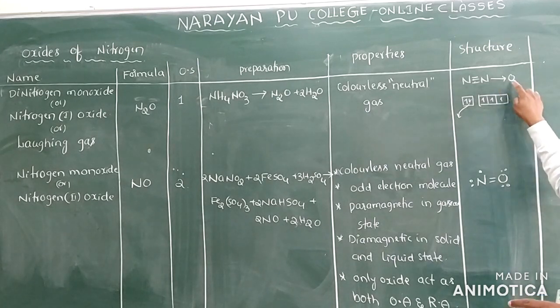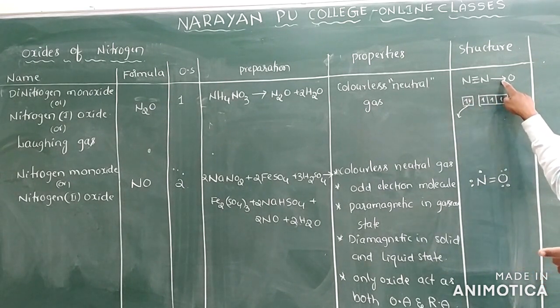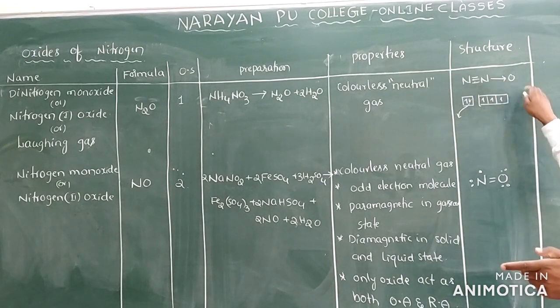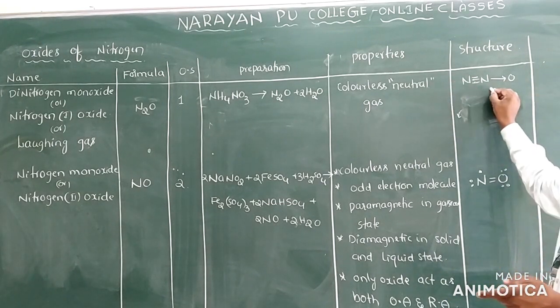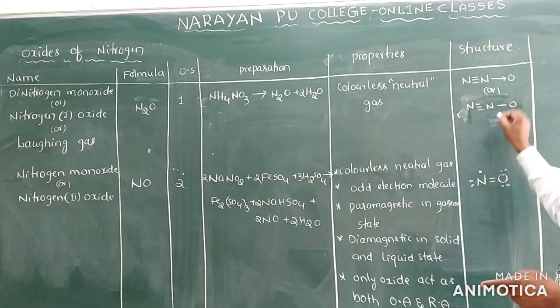To make a bond with the oxygen, it donates its lone pair of electrons, which gives a dative bond. That I have written like this. Otherwise you can write it here also: N triple bond N, making a bond here.